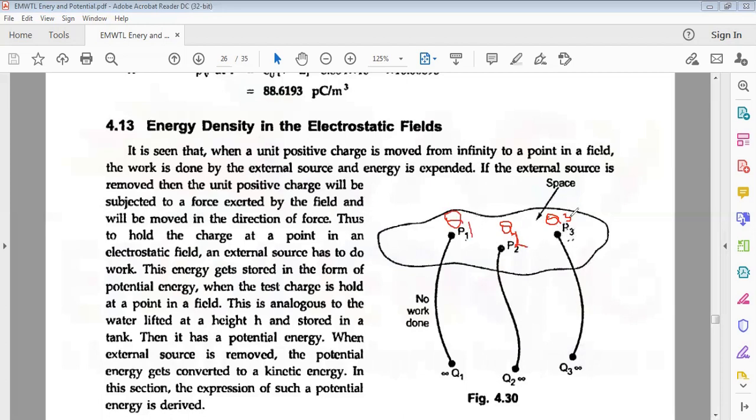Whenever you place the Q3 charge at the point P3, the force is exerted due to Q2 and due to Q1 also.